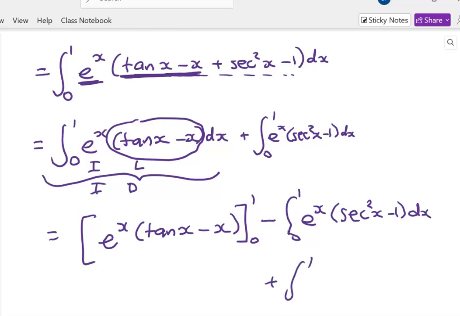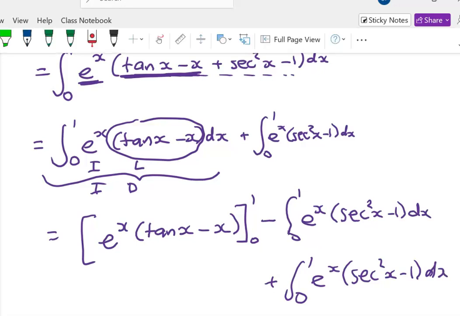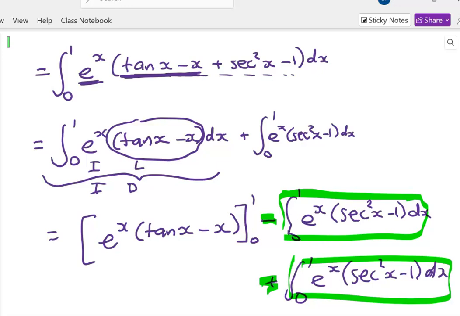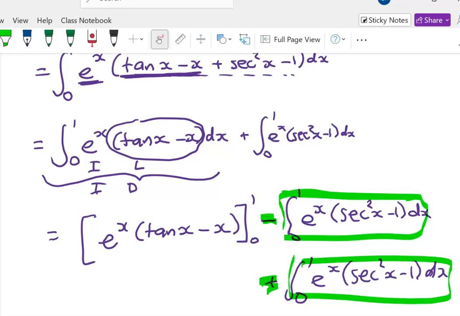And look, we've got the same lovely pattern happening that we had in question 8, 9 or 10, where the icky bit that we haven't done yet is going to simplify away, right? So let's just see why that's happening. We've got minus all of this, and then we've got plus the same thing. Okay, so they go to 0.